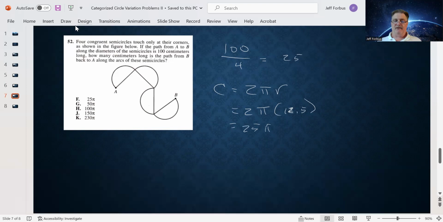So we've got to get another 25 pi for the circumference of the second circle. So 25 pi plus 25 pi is going to be equal to 50 pi. That is the total distance back from B to A along the circle. And that's going to give us answer choice G.